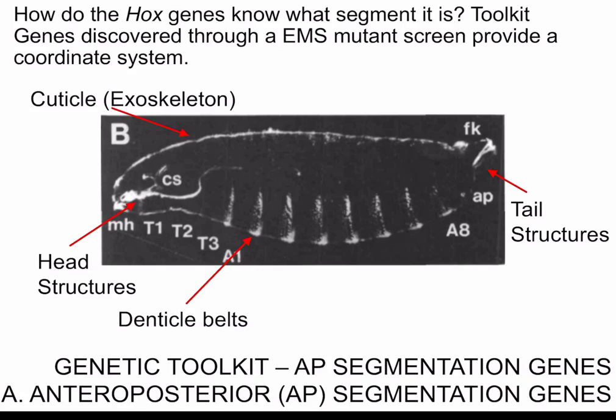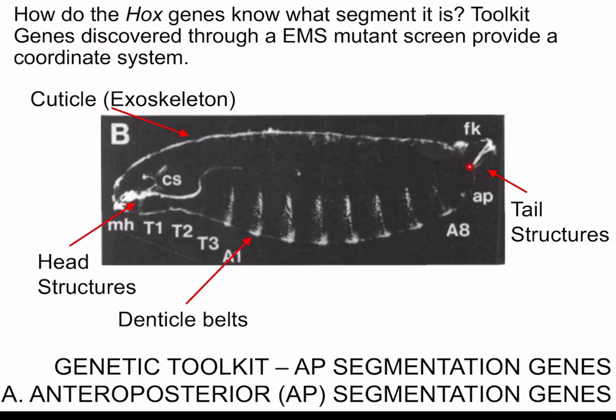And just to review the morphology of these larvae, because we will need to understand the morphology in order to understand mutant phenotypes: the exoskeleton of the larvae is called a cuticle, and it's made up of chitin. There are some stereotypical structures in this exoskeleton.